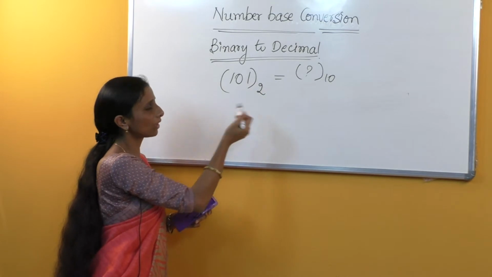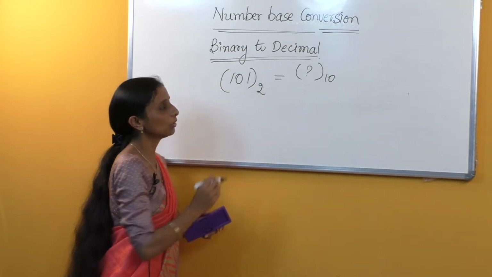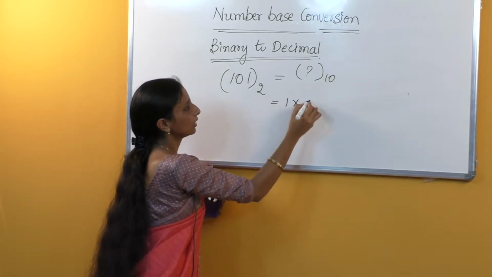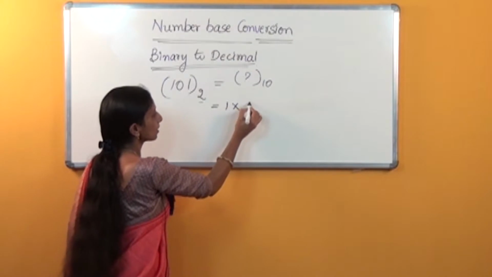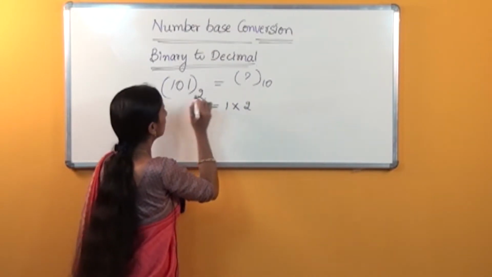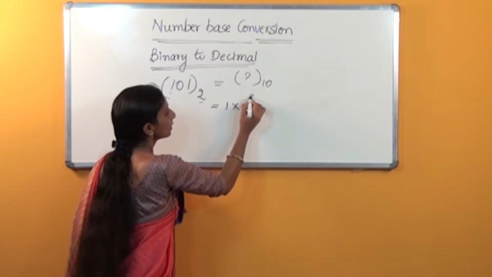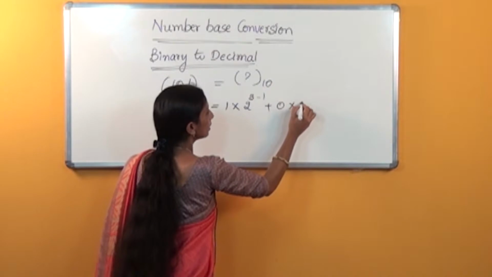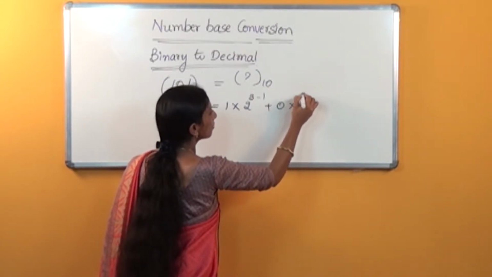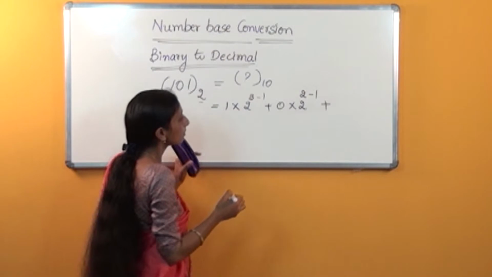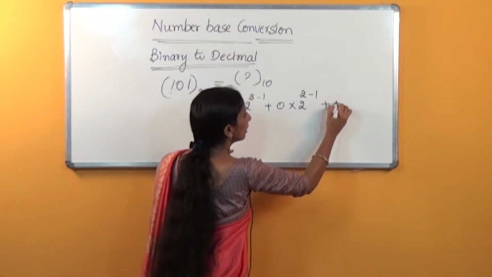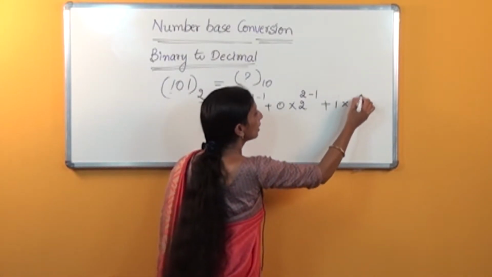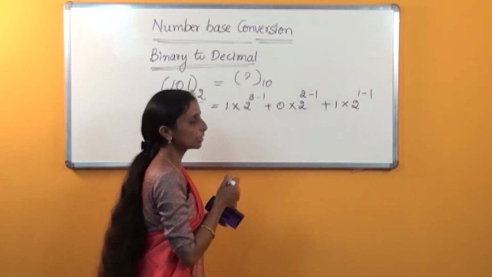As I said, we have to convert our binary number 101 to decimal: 1 into 2 to the power of third position minus 1, plus 0 into 2 to the power of second position minus 1, plus similarly one more digit, the unit digit, 1 into 2 to the power of first position minus 1.